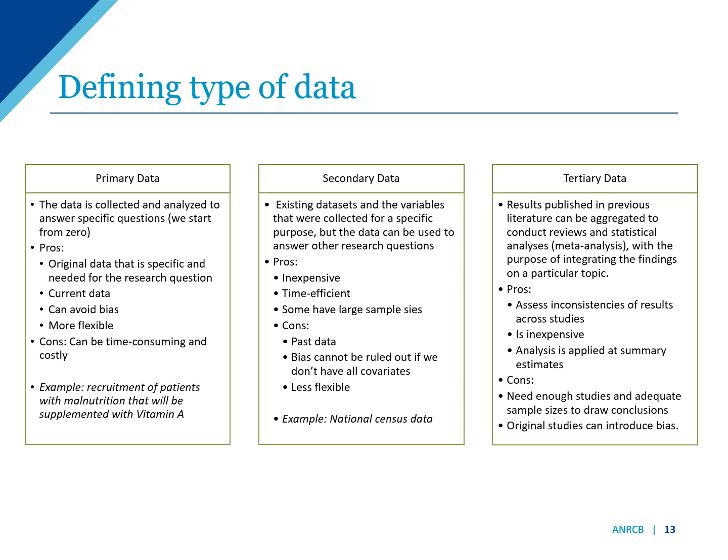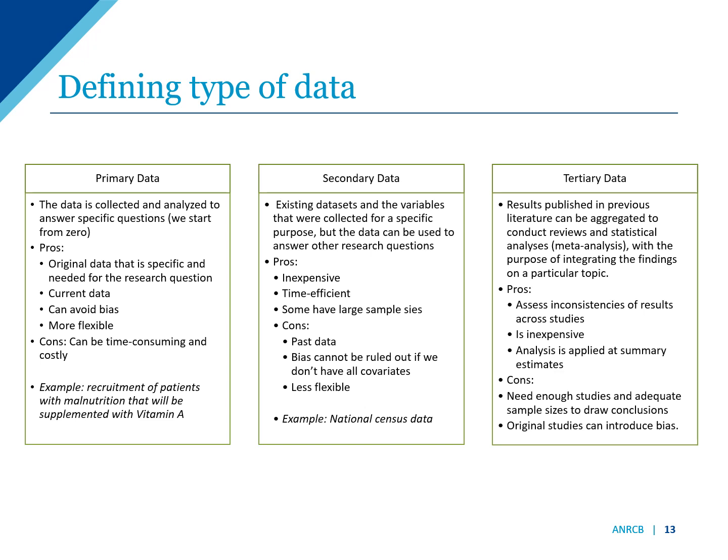Tertiary data is results published in previous literature that you can aggregate for reviews and meta-analyses. This is beneficial when you want to look at inconsistencies of results across studies or get a very thorough, in-depth review of the type of studies that have been conducted in an area and the nuances of effect size that perhaps have been found for a particular relationship.